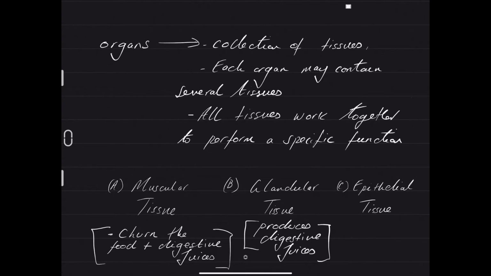Now, the reason for producing the digestive juices is to ensure the breakdown of the food that has been consumed. So here you've got the glandular tissue and the muscular tissues working together. So the digestive juices that are secreted by the glandular tissues are churned alongside the food by the muscular tissues.